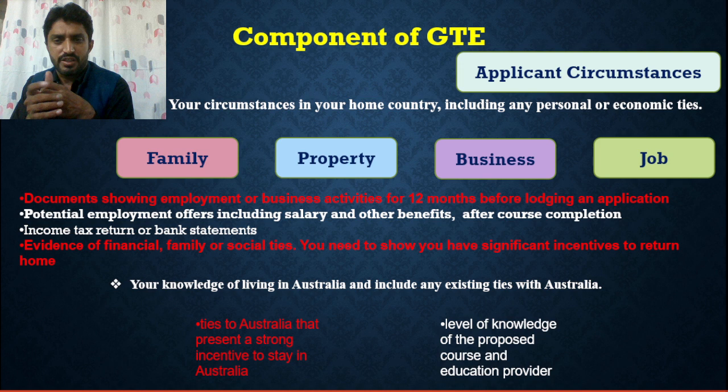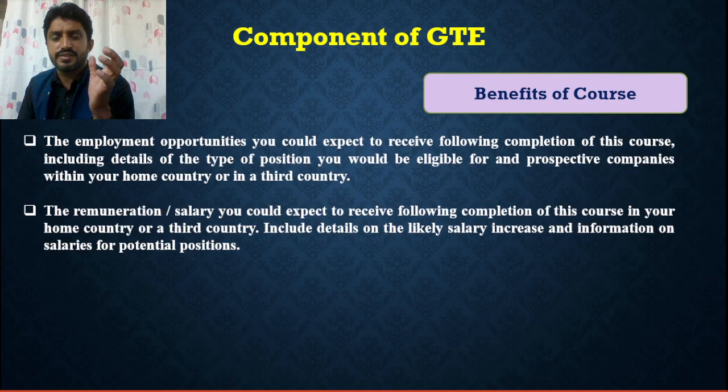You can also provide the detail of a job opportunity in a third country as well. Again, you can also provide the detail of salary you could expect to receive following completion of this course in your home country or a third country. Include detail on the likely salary increase and information on salaries for the potential position.